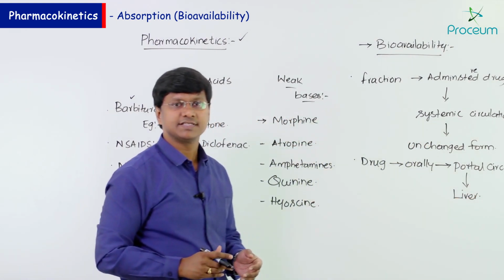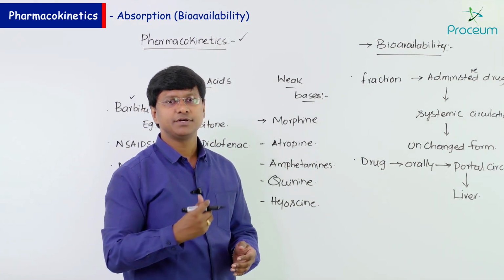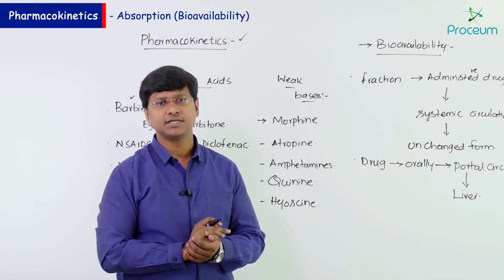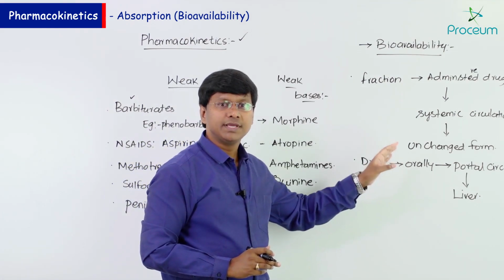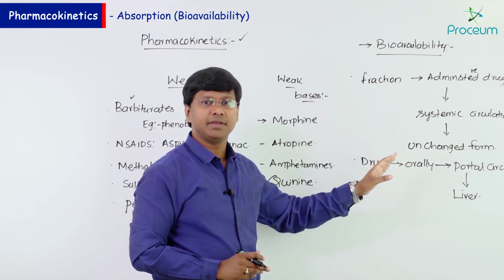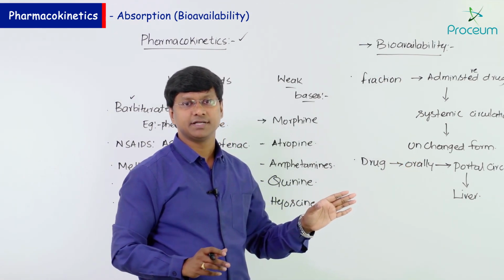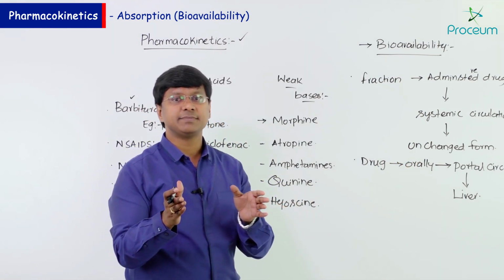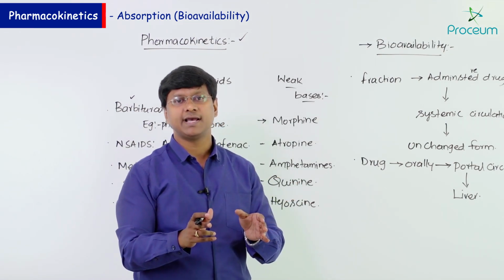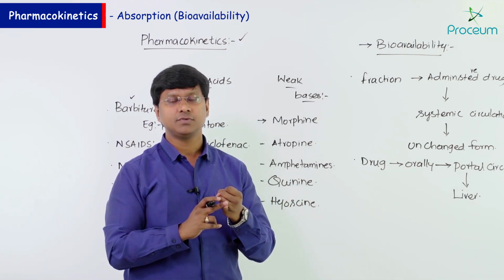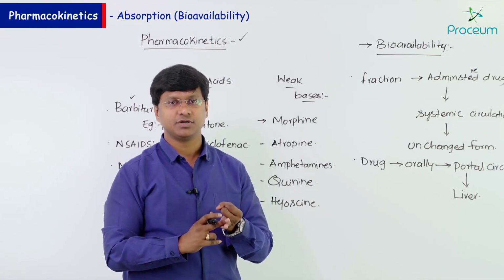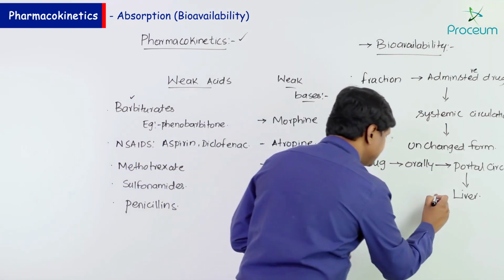Here some of the drug may be metabolized within the liver. The drug that is metabolized in the liver undergoes what is called first pass metabolism or pre-systemic metabolism.